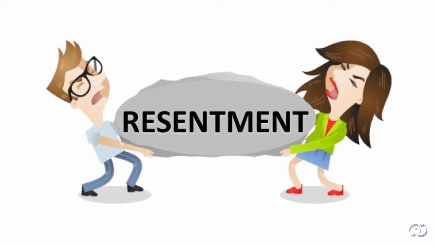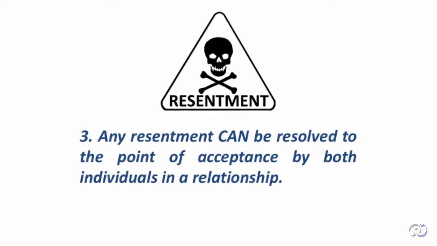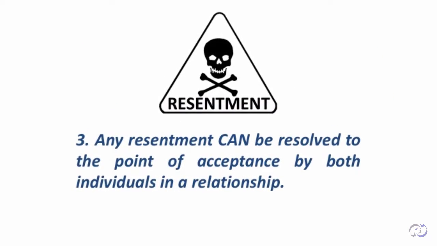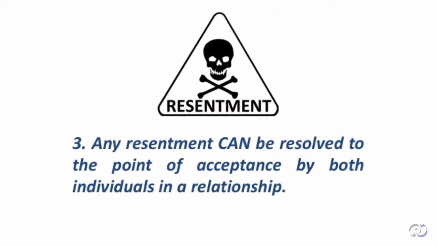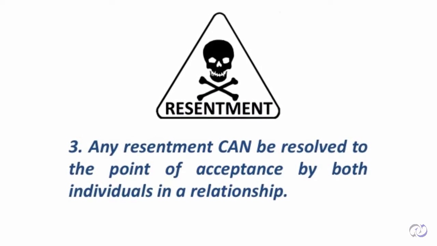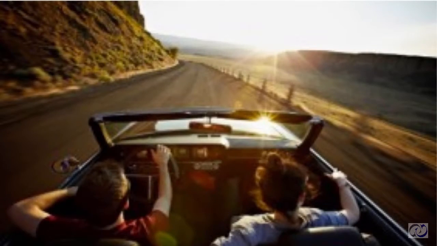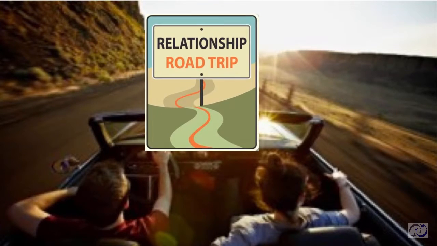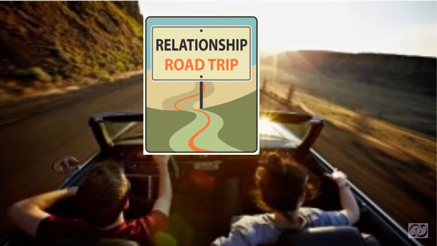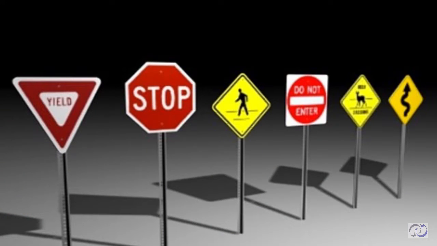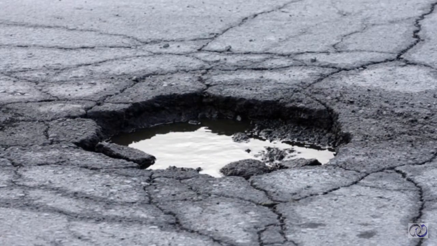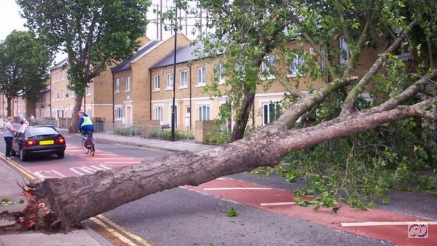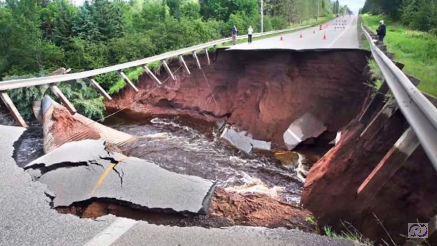The last law of resentment is any resentment can be resolved to the point of acceptance by both individuals in a relationship. Imagine that your relationship is a special road that only you and your partner travel on to reach each other. Resentment would be like a traffic sign, a foggy windshield, a pothole, a fallen tree, or even a washed-out bridge.